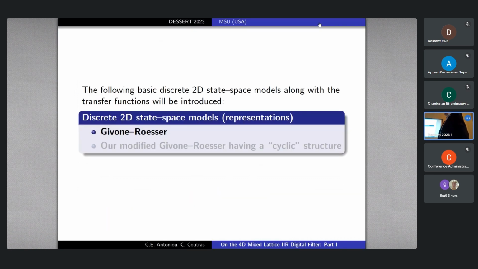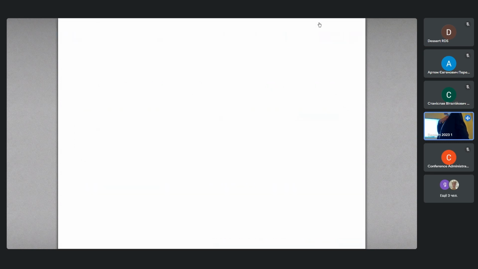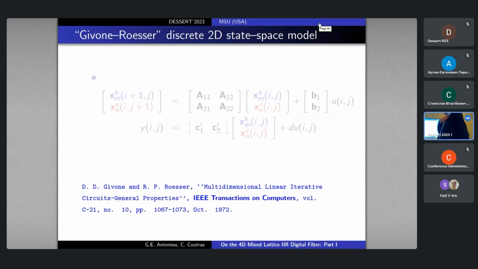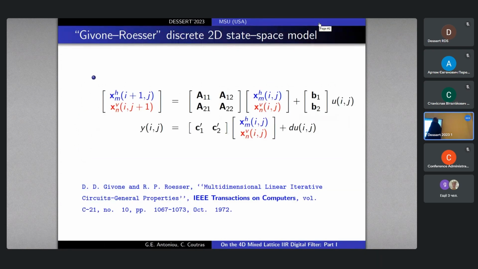2D. Now, we have 3 models. One is the Roesser model, and I'm going to introduce a new modified one for my filter. The first one was introduced in IEEE Transactions on Computers, and this has i plus 1, j plus 1, which means vertical and horizontal, okay, an image. And this is the input, and this is the output.